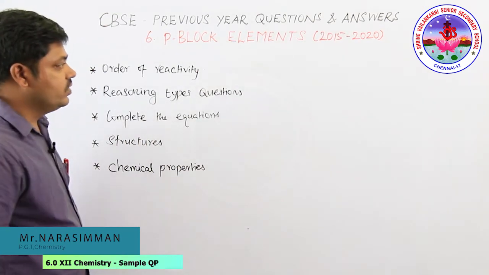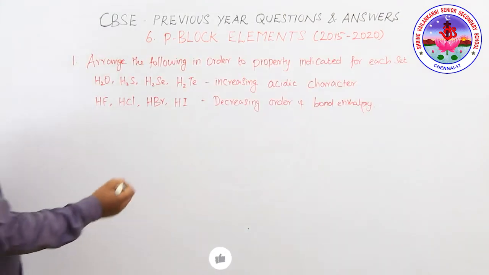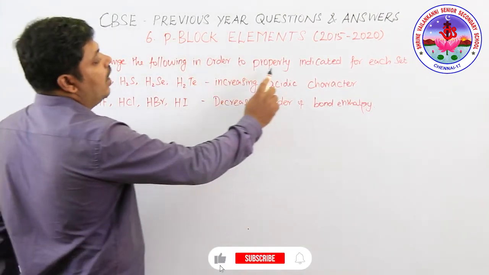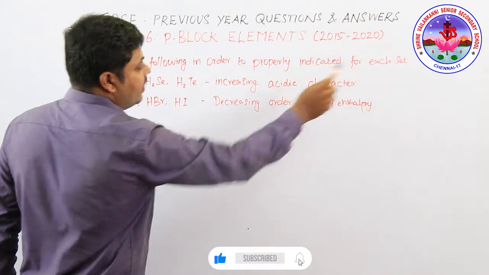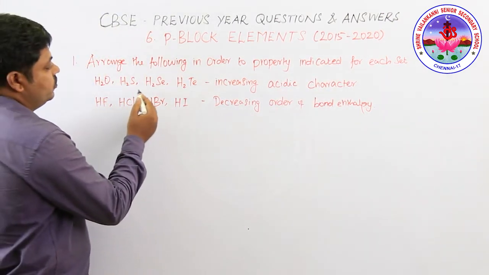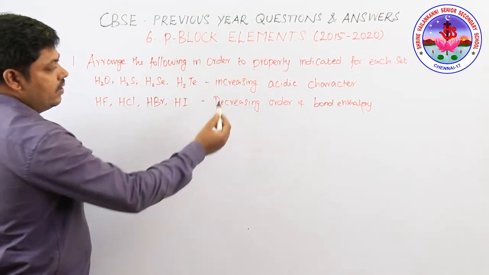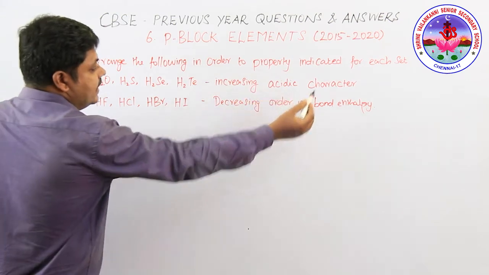Now we will see some questions and answers in this session. Look at the question: arrange the following in the order of the property indicated for each set. The first set given here is H2O, H2S, H2Se, H2Te.